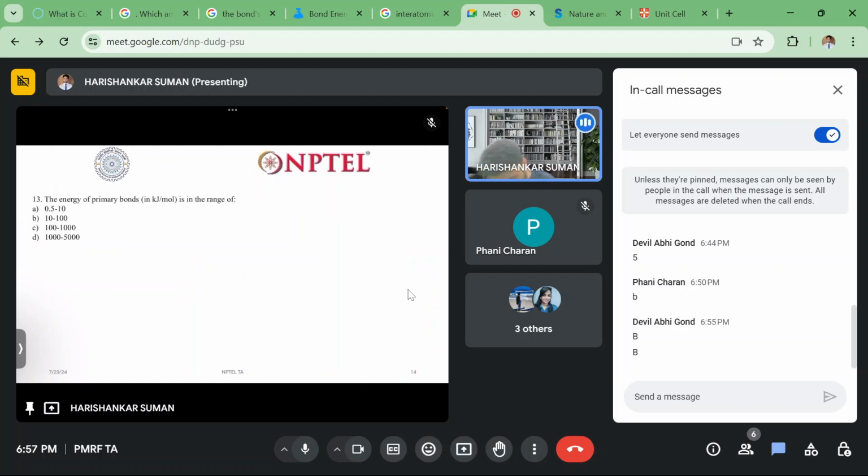Next question: the energy of the primary bond in kilojoule per mole is in the range of A, B, C. There are the options, and the unit is kilojoule per mole. What will be the answer?